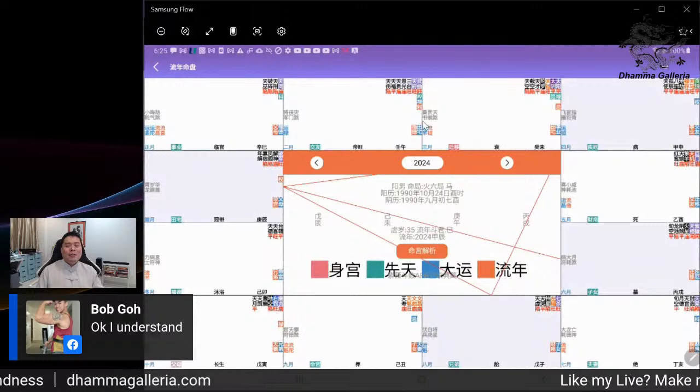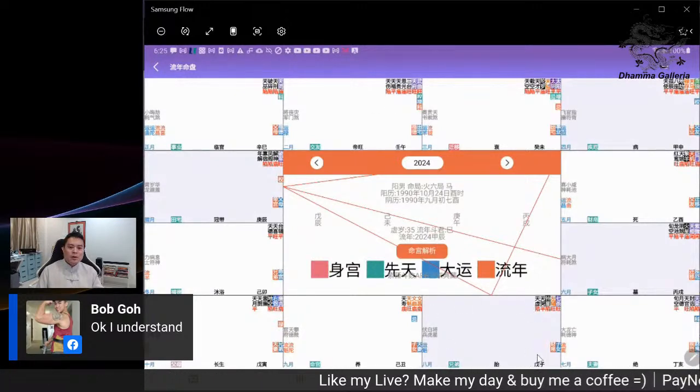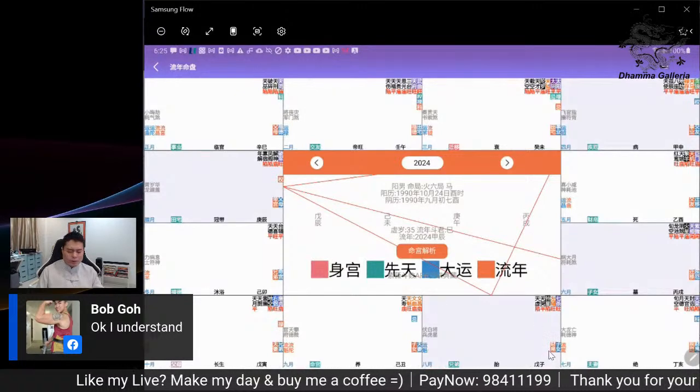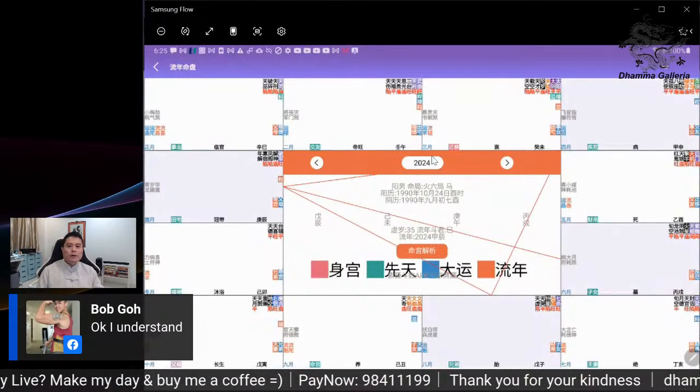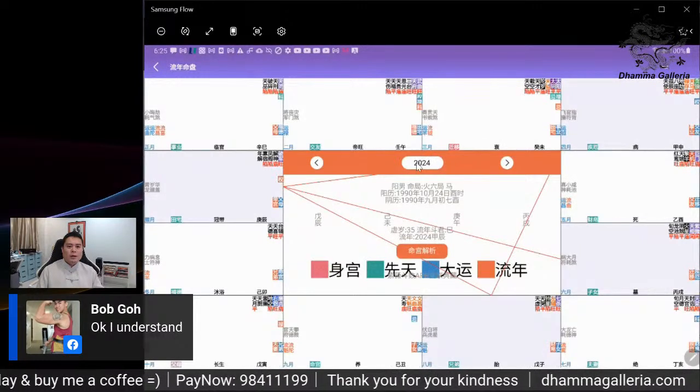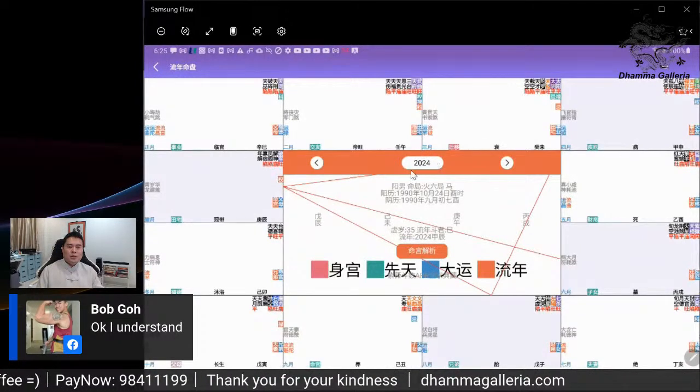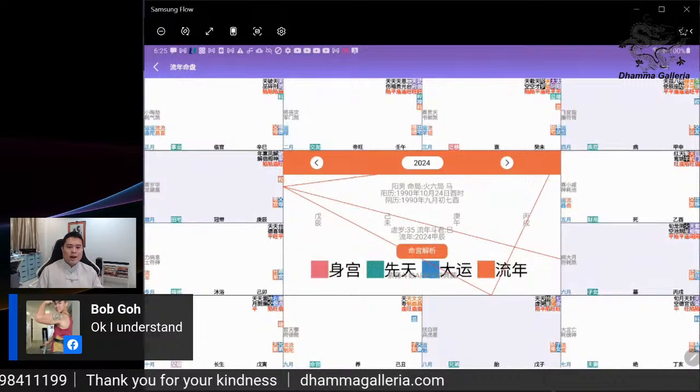So you have a lot of positive stars facing your wealth domain in the year 2024. Therefore, you will have very positive developments in the year 2024 in terms of wealth.